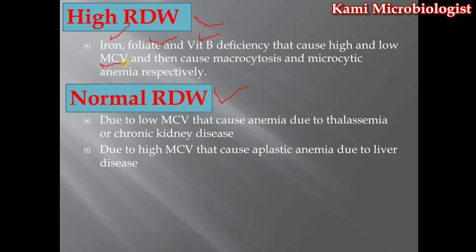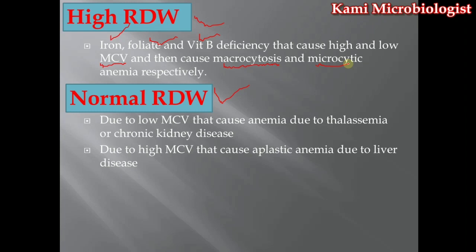Due to this, sometimes macrocytic anemia occurs, or sometimes microcytic anemia occurs. It means that if it gets high, then macrocytic anemia occurs, which means the RBC size gets large. And if the MCV value is low, then microcytic anemia will occur, in which there is a low number of RBCs, and the RDW gets high.